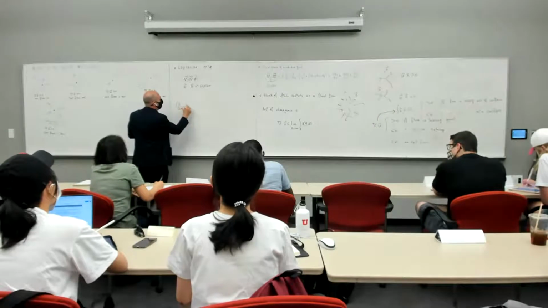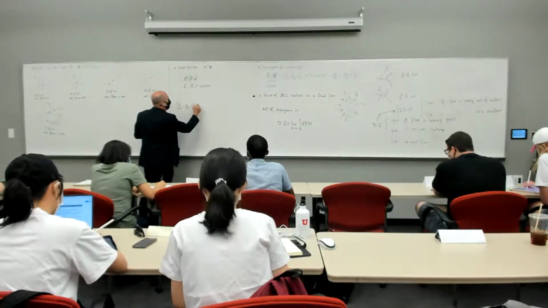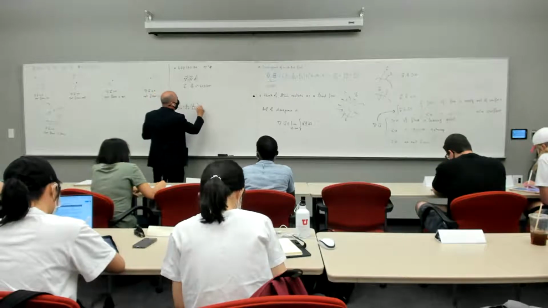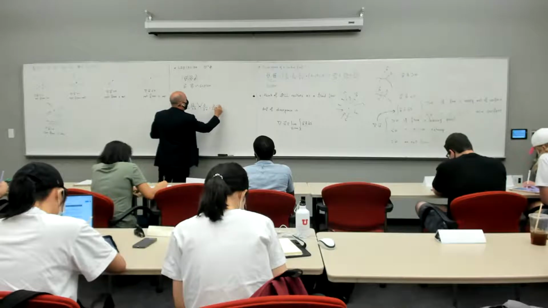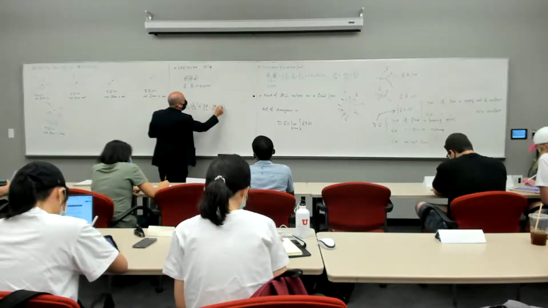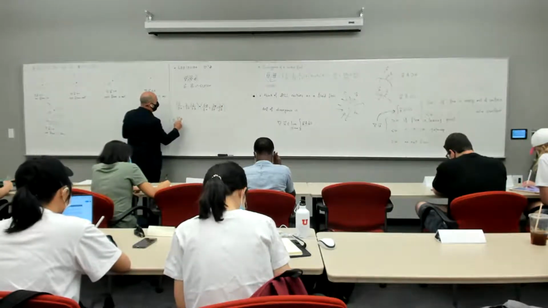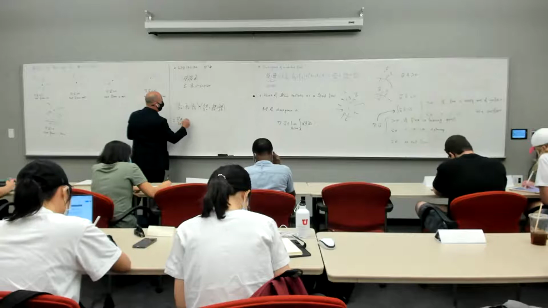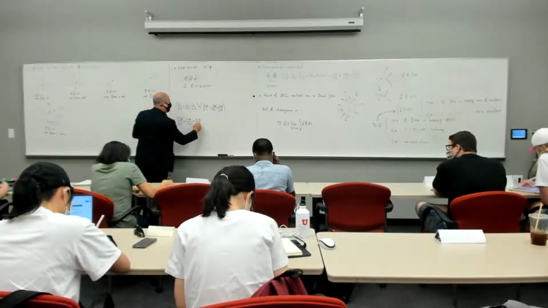D by dx, D by dy, and D by dz, dotted with D by dx, D by dy, D by dz applied to phi. You just put in phi over here. Just take the dot product. Gives you d2 phi by dx squared plus d2 phi by dy squared plus d2 phi by dz squared.